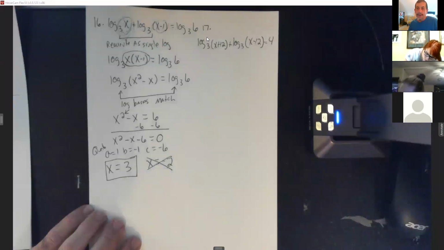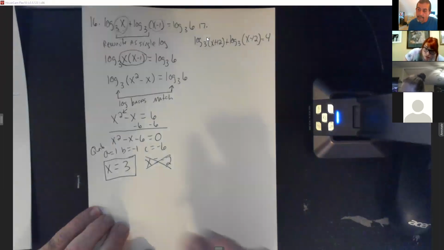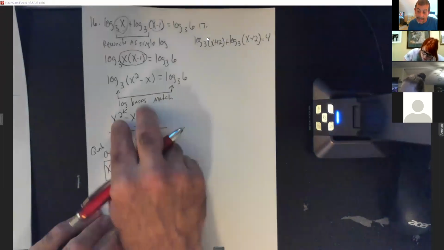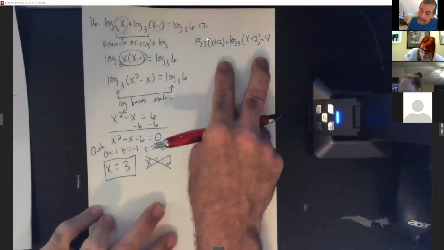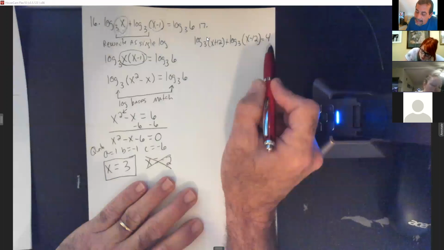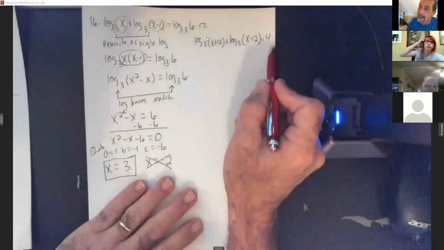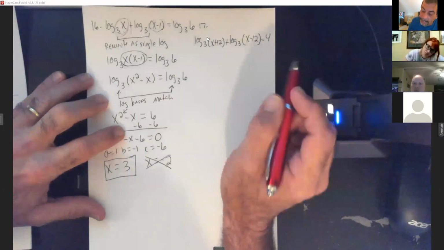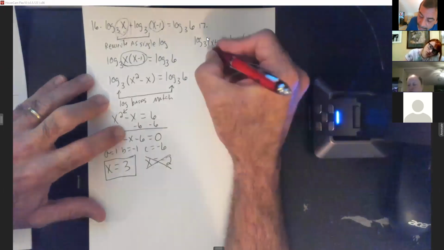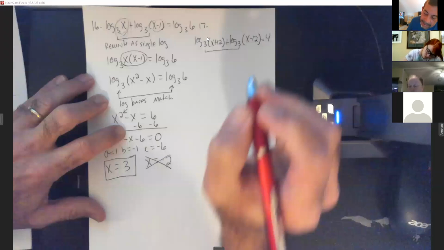And I tell you what they're doing here, they're going back and forth between the ones where you can use the log bases and the ones where you have to rewrite as exponential. Notice this one doesn't have a log on the right side, so I can't use log equals log. So I'll probably have to rewrite it as exponential when we get to that point. But first, on the left side, we're going to rewrite as a single log.